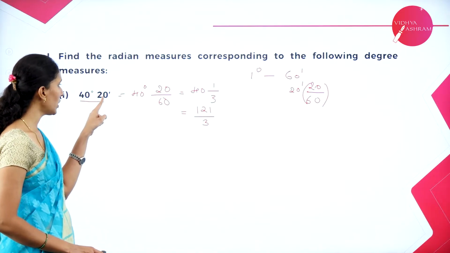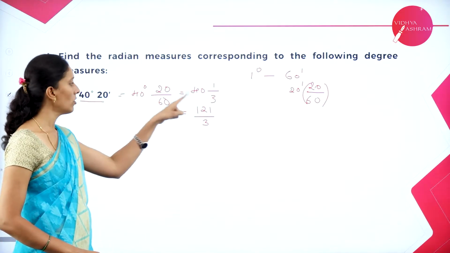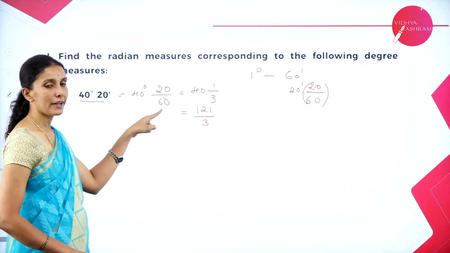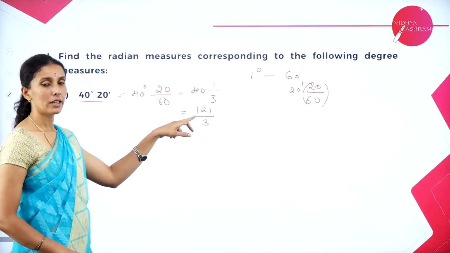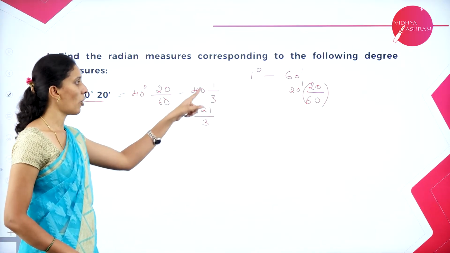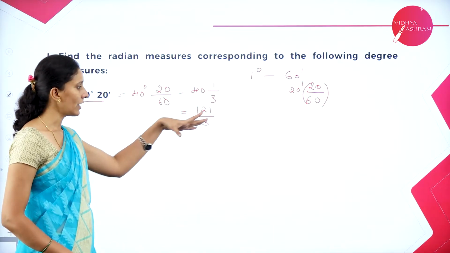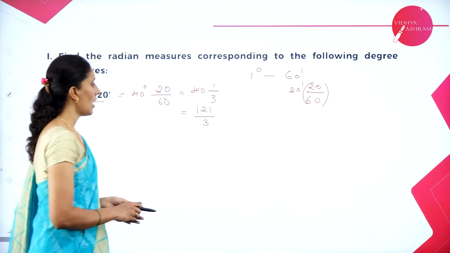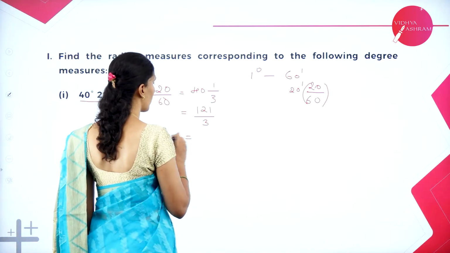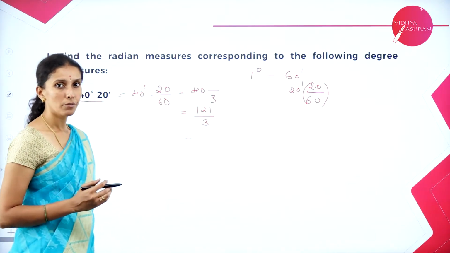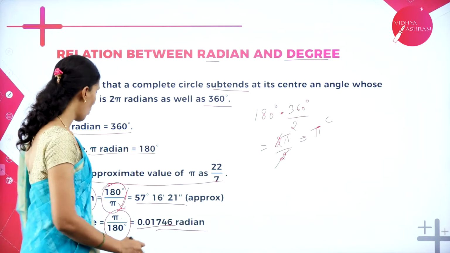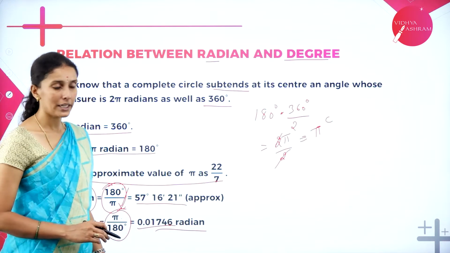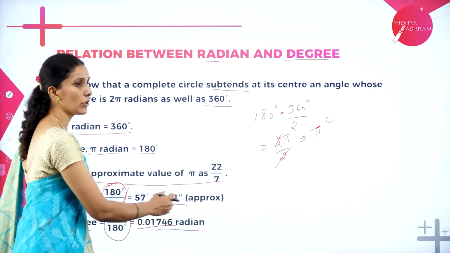So you have converted 20 minutes into degrees also. When you have minutes divided by 60, it will convert into degrees. So it is 121 by 3 degrees. Now this one, what should I do? I should multiply the value of pi by 180 to convert a degree into radian.